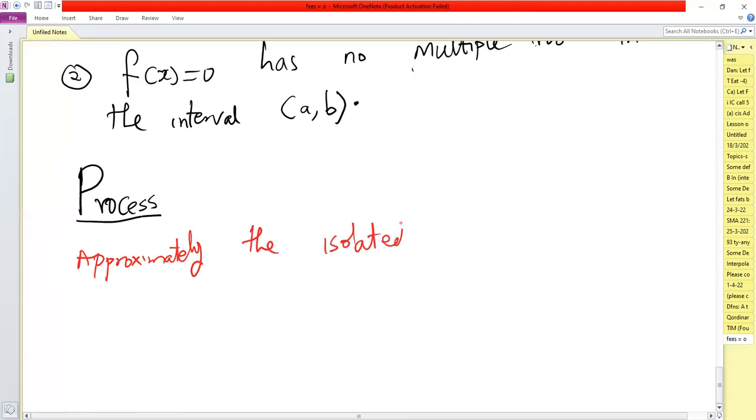Now, when we say isolated root, it is what we said in the assumption, that we are only dealing with one solution in the interval A and B of the equation f of x equals 0.